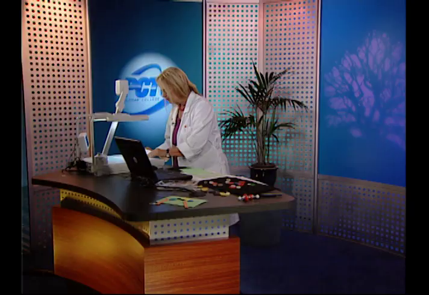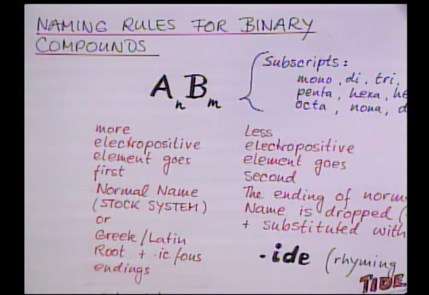First of all, let's finish some business here, and that is naming of binary compounds. Binary, remember, means two elements involved.